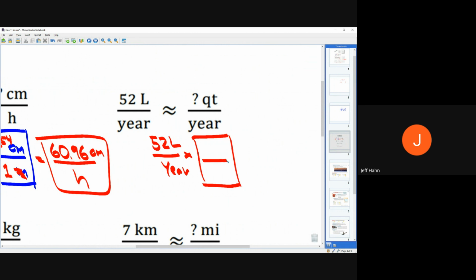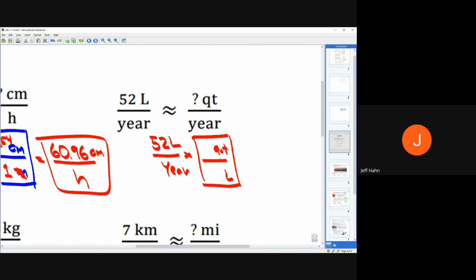Josh, this is where you come in. In order to get this liter to cross off, where does that label have to appear over here? For L to cross off, is it going to be on top or on bottom? Very good. Josh, what label goes on top? Quart. Thank you very much.